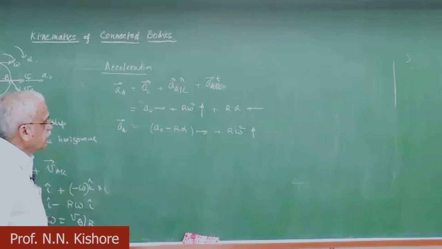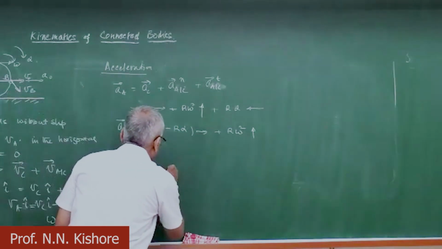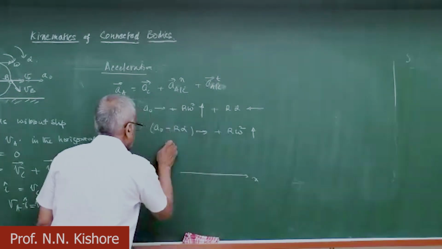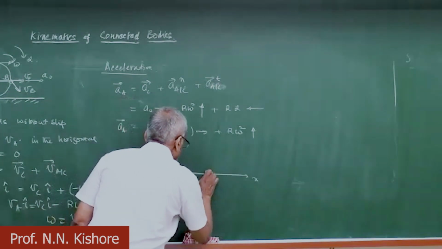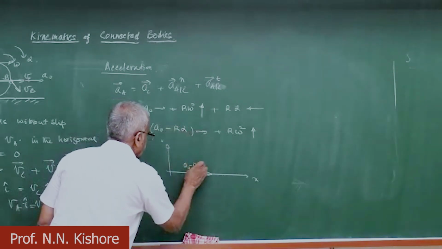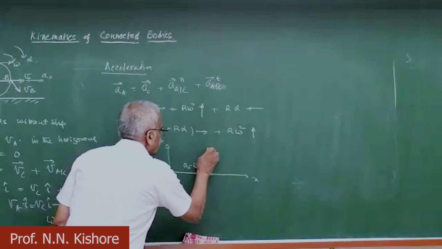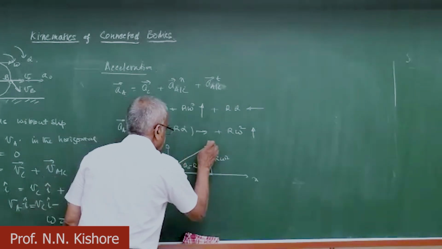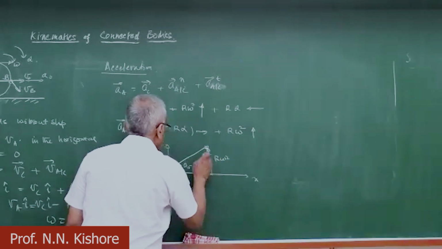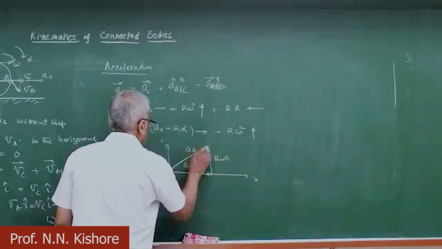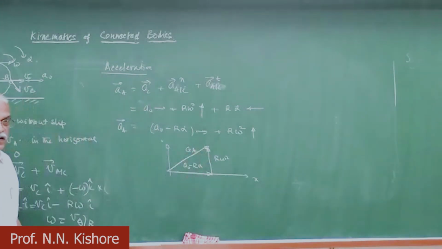So interestingly, you have this a naught minus R alpha, and this is R omega square. This is the acceleration of A. Okay, so this is how you can put it.